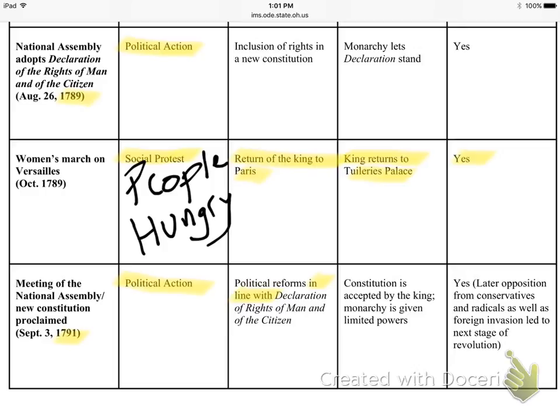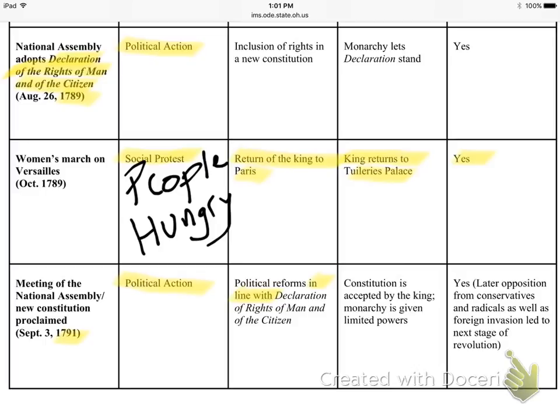So what that means is, as I said earlier, this Declaration of Rights of Man, when I talked about it up here, wasn't a constitution, it was an outline. It was like, if you make a constitution, it should sort of look like this. So this is the constitution that they made that was in line with it.